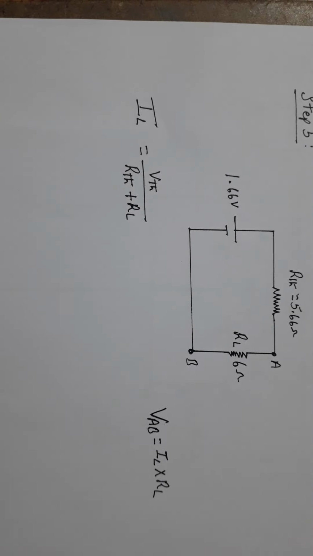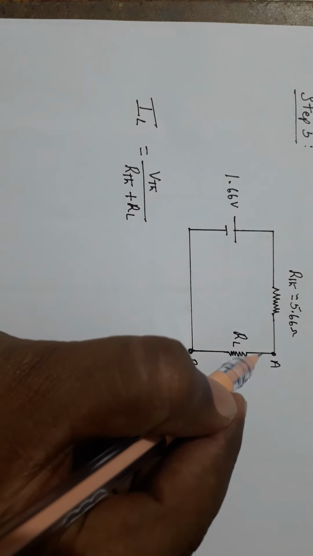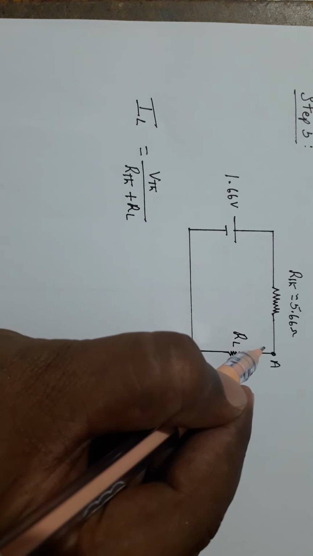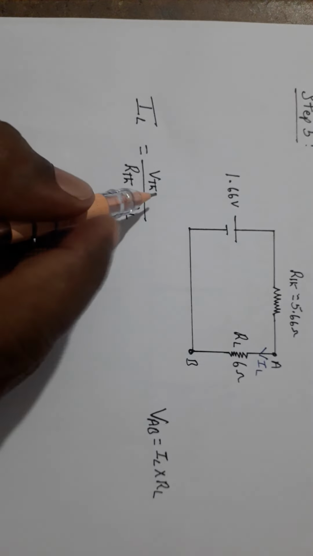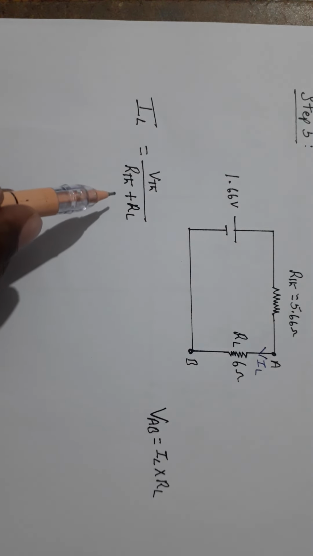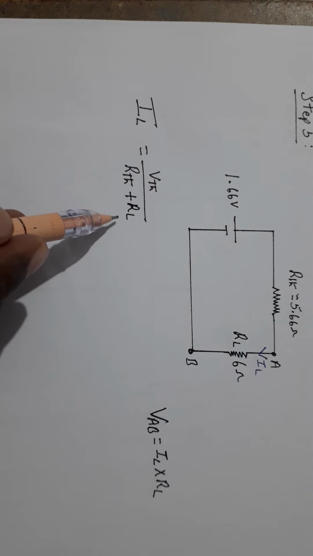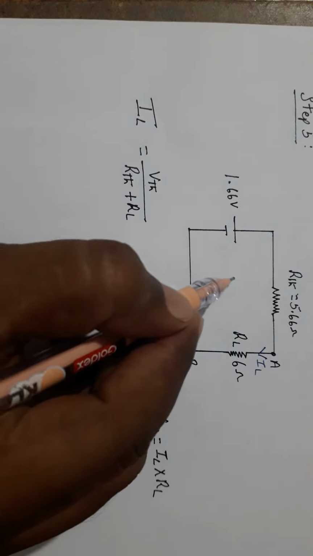Therefore, the current flowing is IL. You know the IL equals VTH divided by RTH plus RL, that means total resistance.